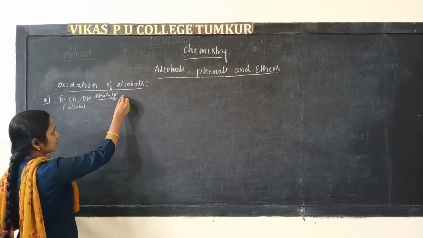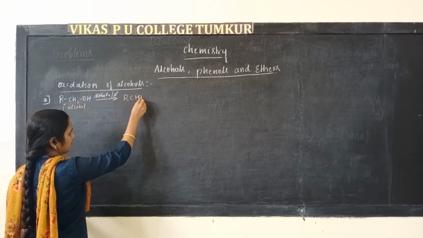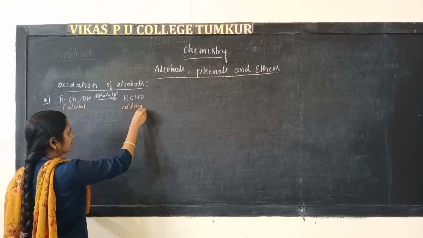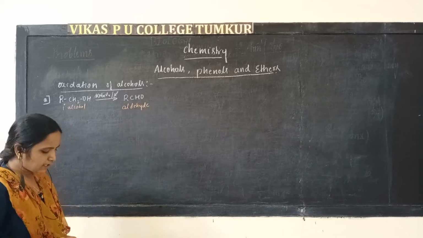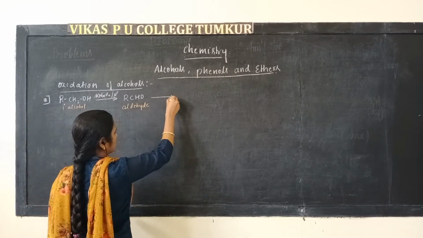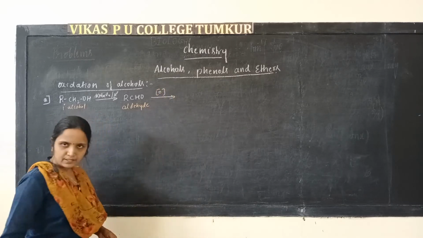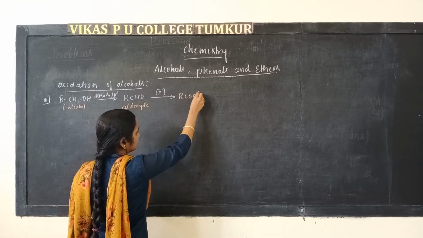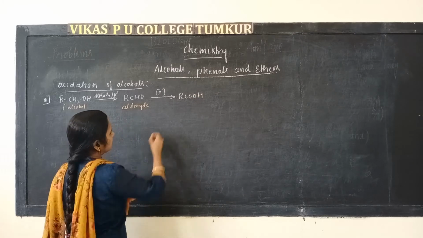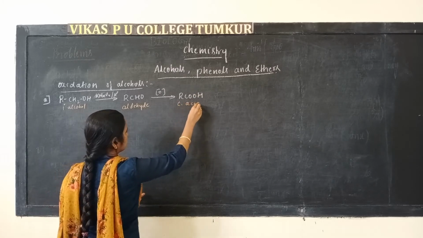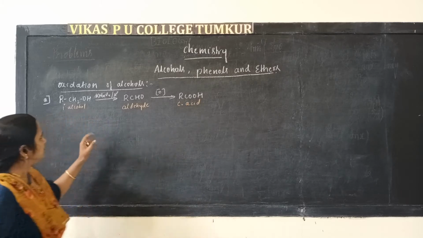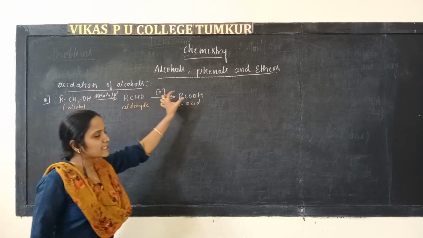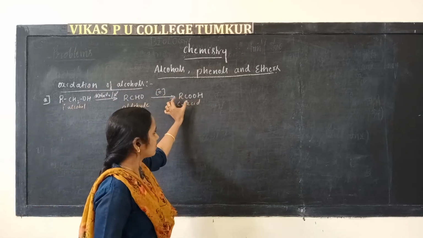We get the respective aldehyde. On further oxidation, it gives the corresponding carboxylic acid. You can observe that the number of carbon atoms in the alcohol is the same as in the carboxylic acid.